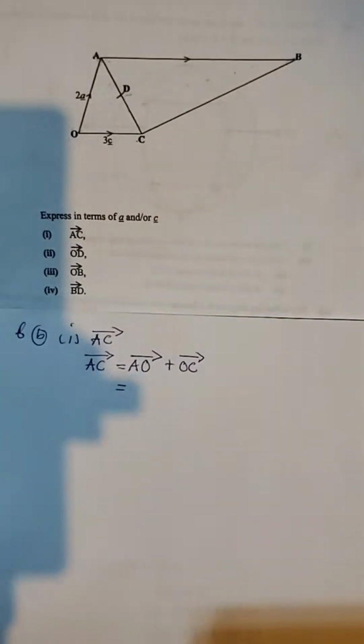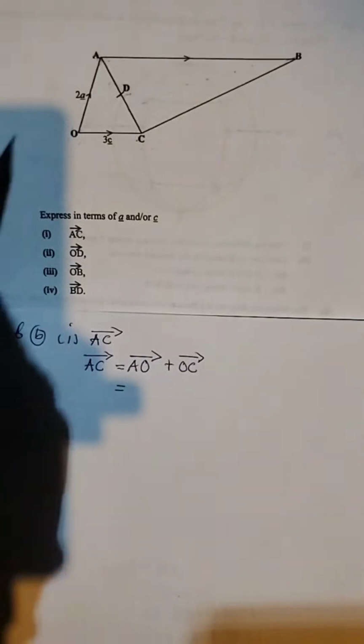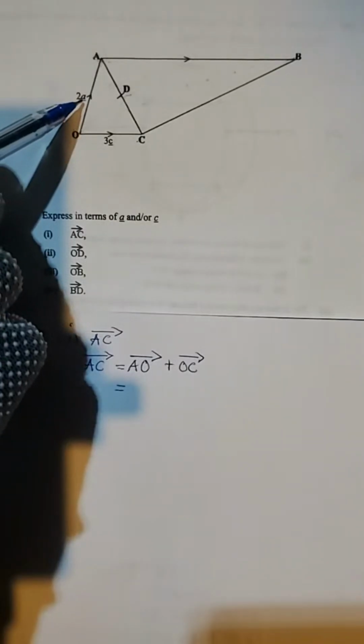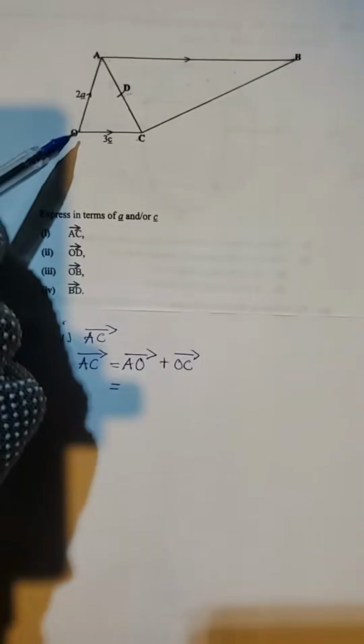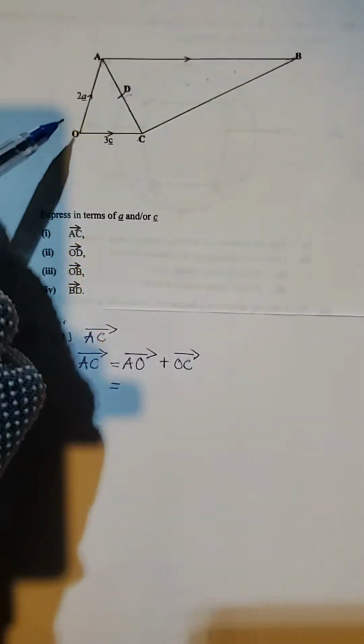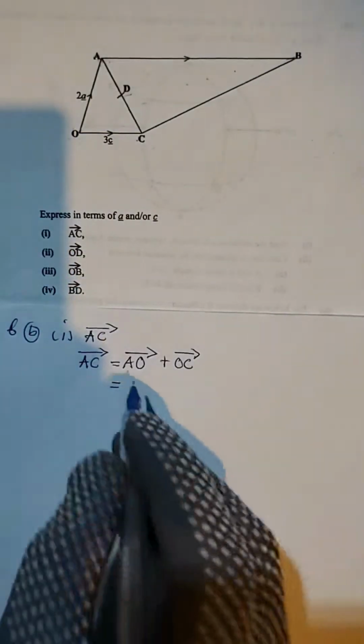AO, Nicholas has found 2 vector A plus 3 vector C. Okay, let's see if that's what we're going to find. AO is opposite to this vector. Remember, this vector is OA, so we're moving in the opposite direction, and this will be negative.